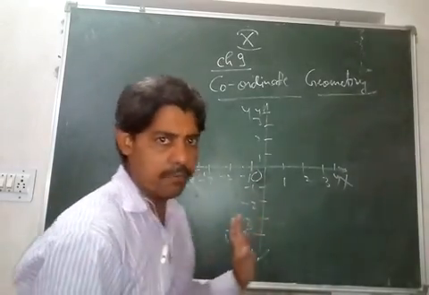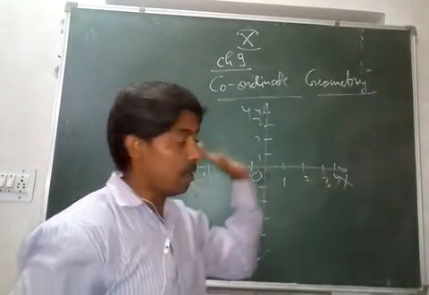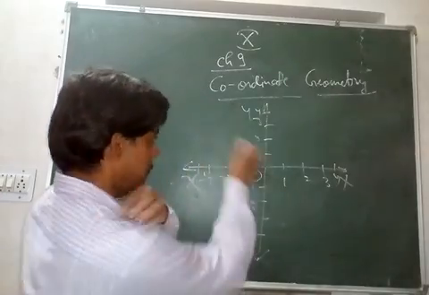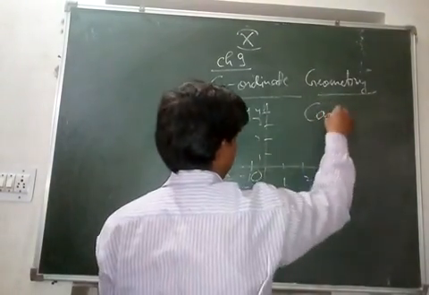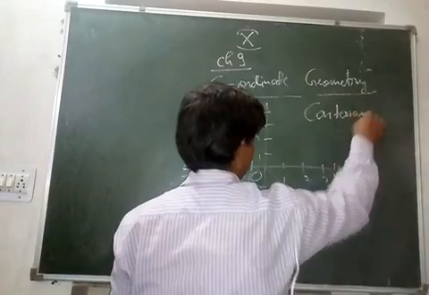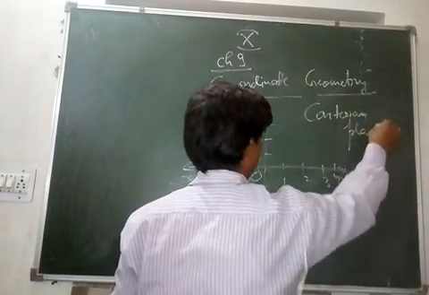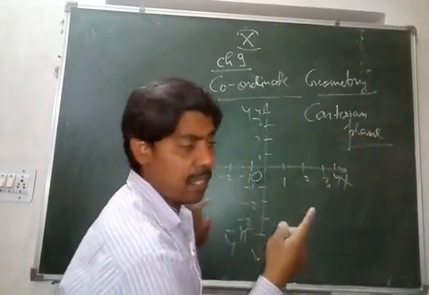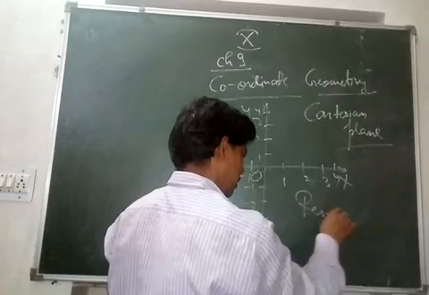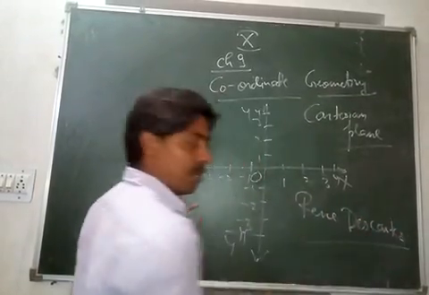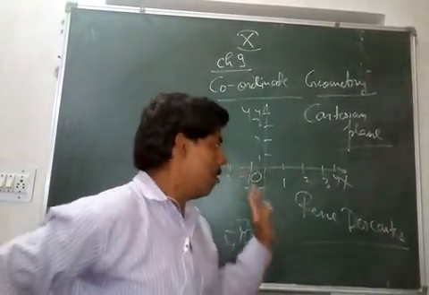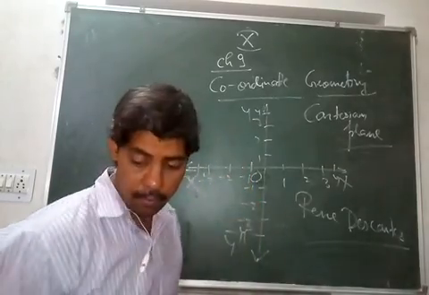All of you remember, this is called a Cartesian plane. This plane on which I am drawing the x-axis and the y-axis is known as the Cartesian plane. It is named after René Descartes, also known as the coordinate plane, on which we are plotting various points.